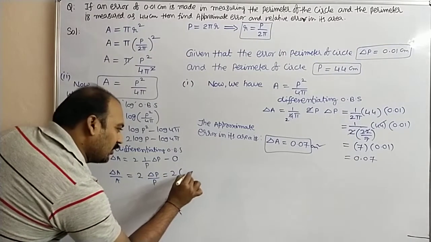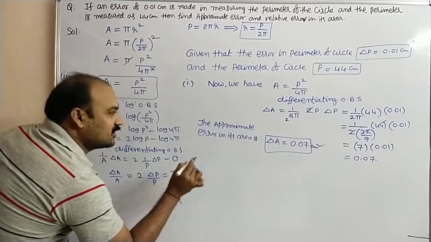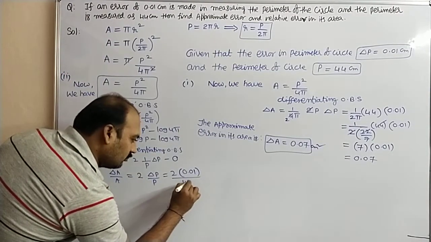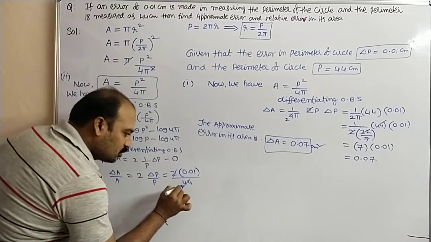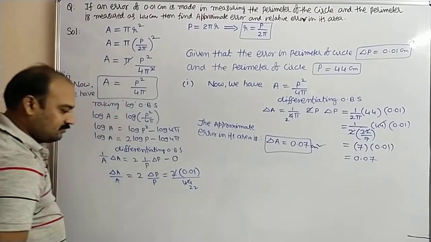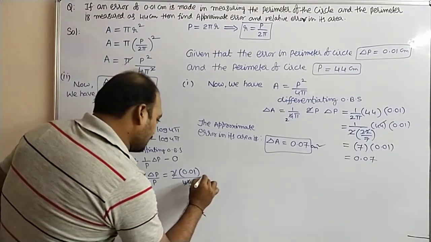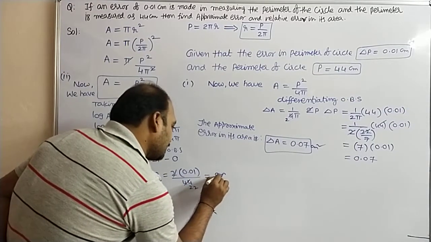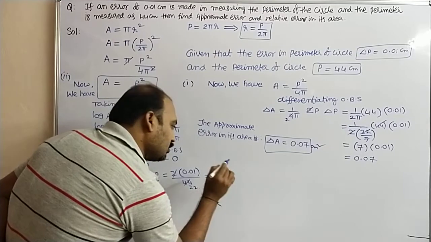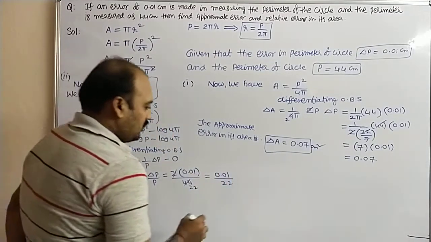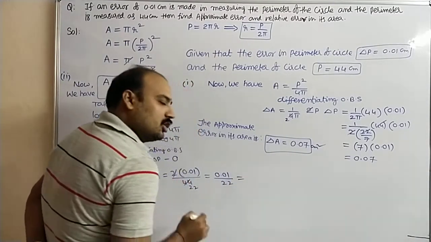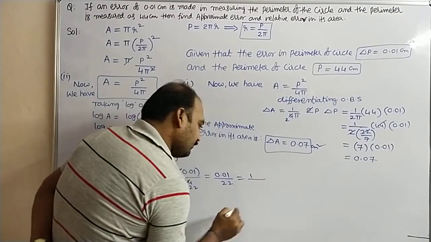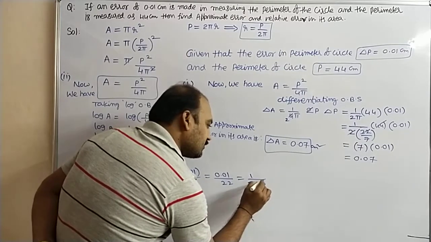So 2 into delta P value 0.01 and P value is 44. So 2 ones are 2, 2 twos are 22. So this is equal to 0.01 divided by 22, which can also be written as 1 by 2200.